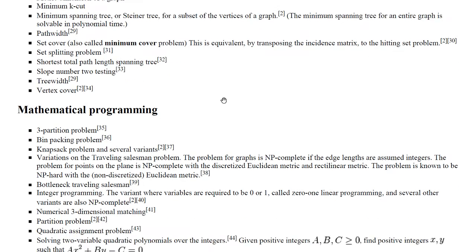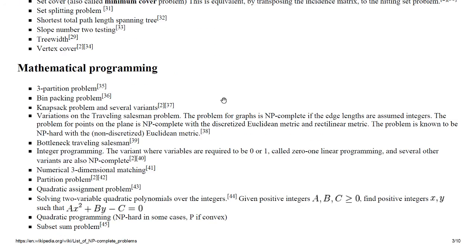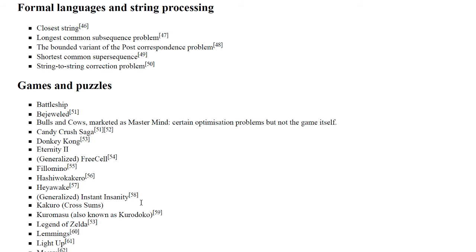Minimum spanning tree we'll talk about. Bin packing problem, knapsack problem, and several variants. Traveling salesperson problem, bottleneck traveling salesperson, all of these things. Partitioning, solving two variable quadratic polynomials over integers. So solving that kind of equation. Subset sums, we talked about those.